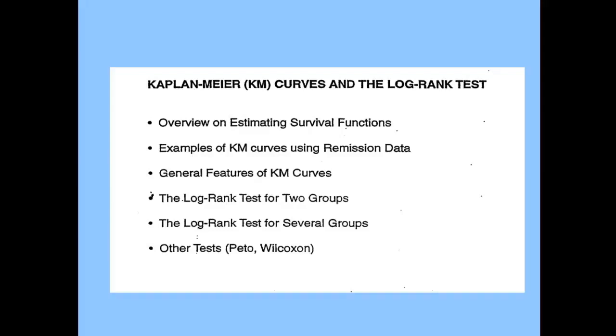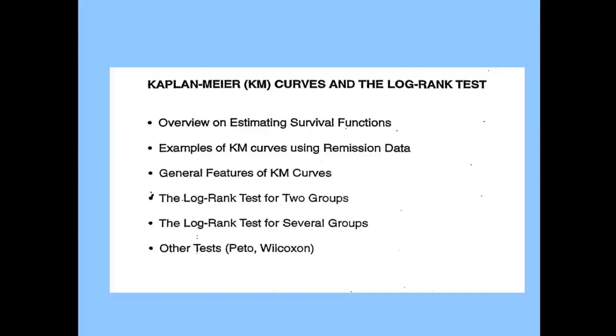exercise. The other thing about the Kaplan Meier, the log rank test, is that there are some alternatives, some variations on the log rank test, and the most popular variation that's at least programmed in SAS is called the Wilcoxon test. There's a variation of that called the Peto test.